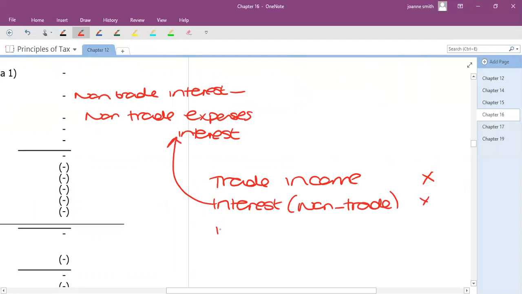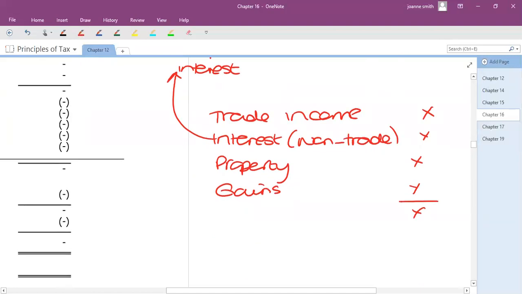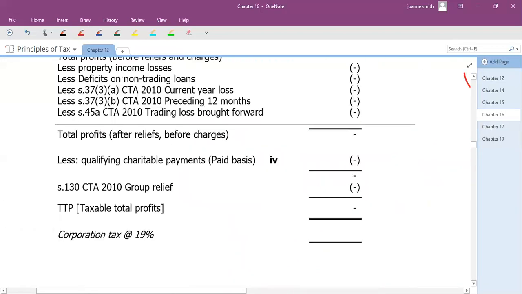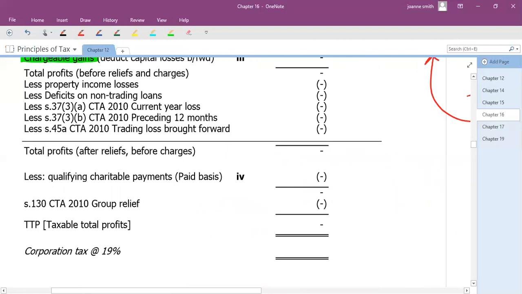You've got any other income you might have, like property and any gains. Okay, and then you've got this figure here, which is going to be your TTP. Right, and TTP just stands for your total taxable profits.